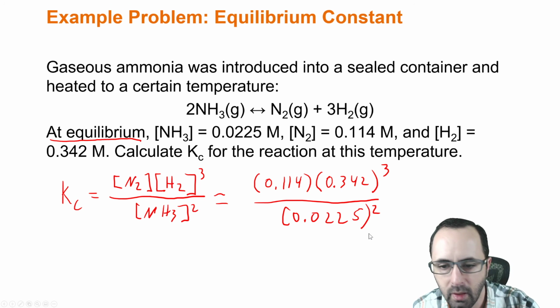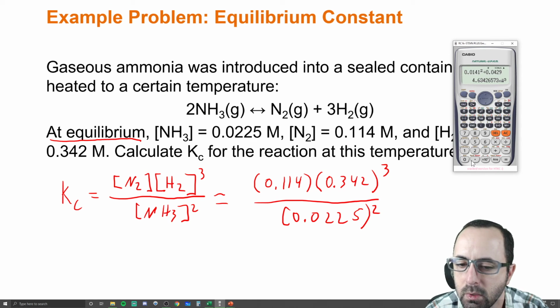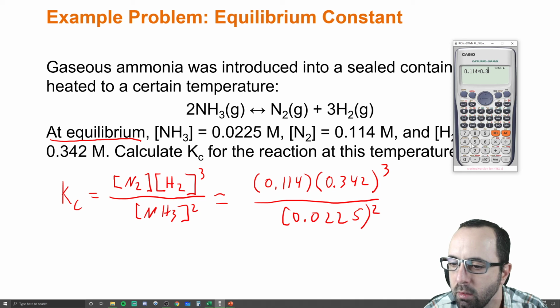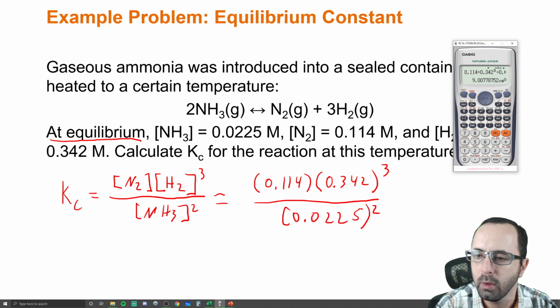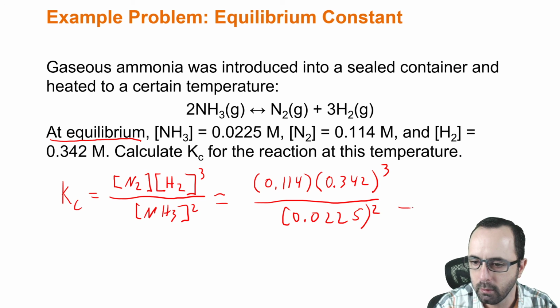Let's plug this into our calculator. 0.114 times 0.342 to the third power, then divide by 0.0225 squared, and that equals about 9.01 to 3 sig figs.